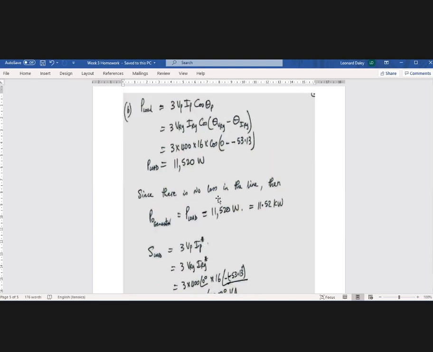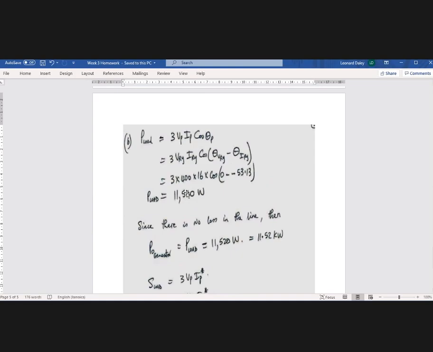But as I said before, if you divide this number by cos theta, you would get S also.